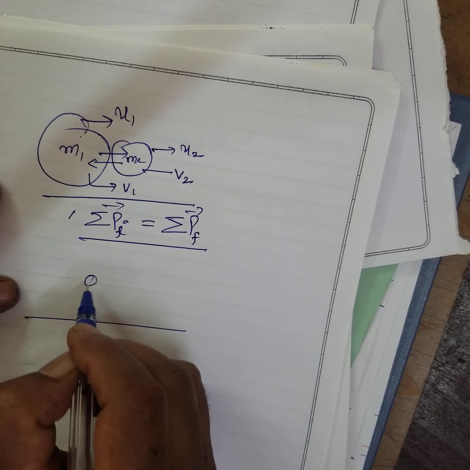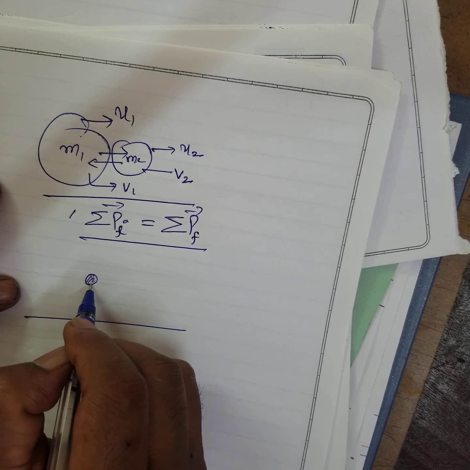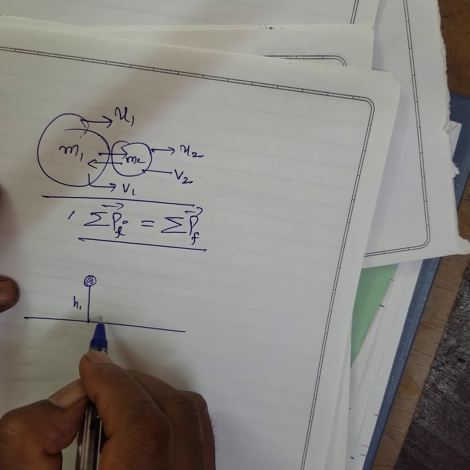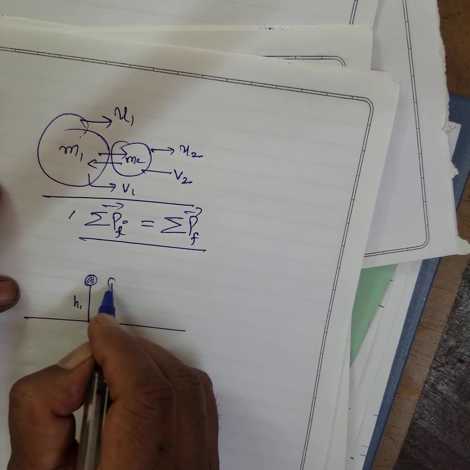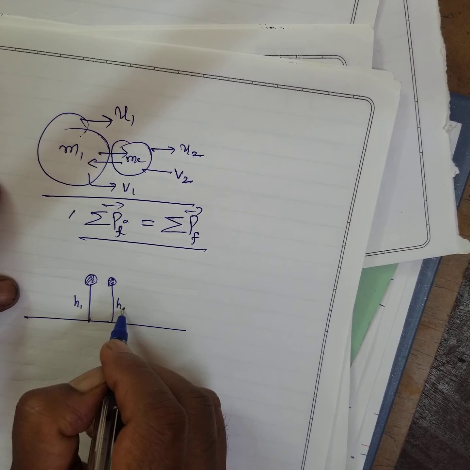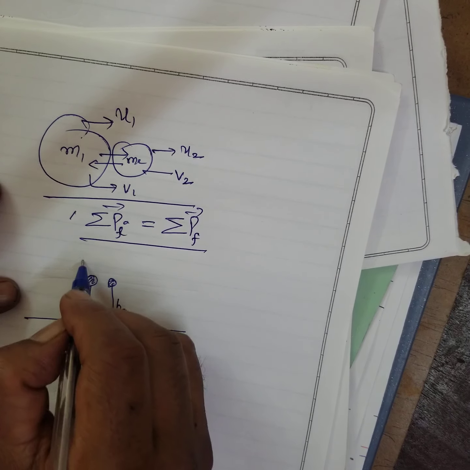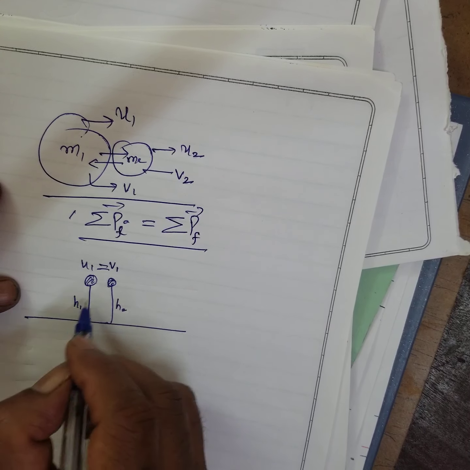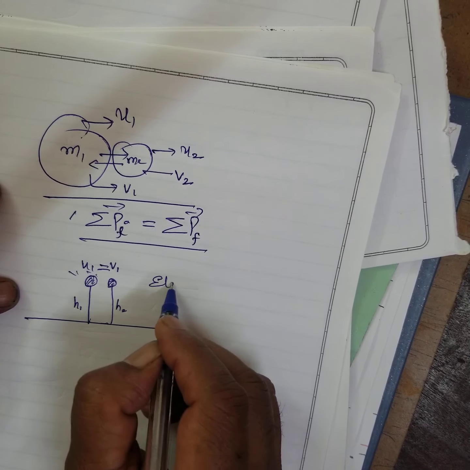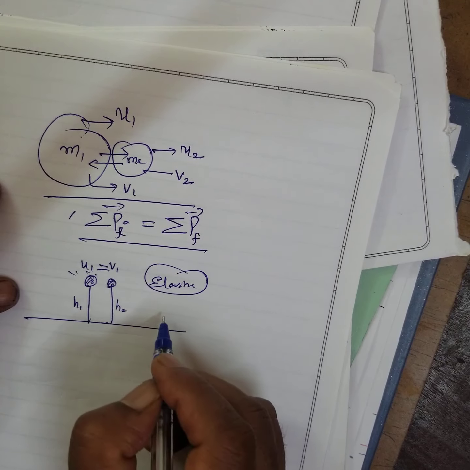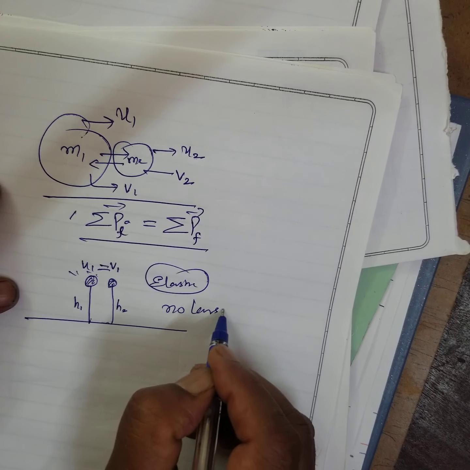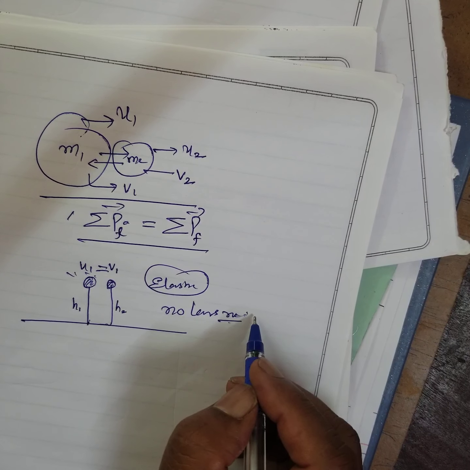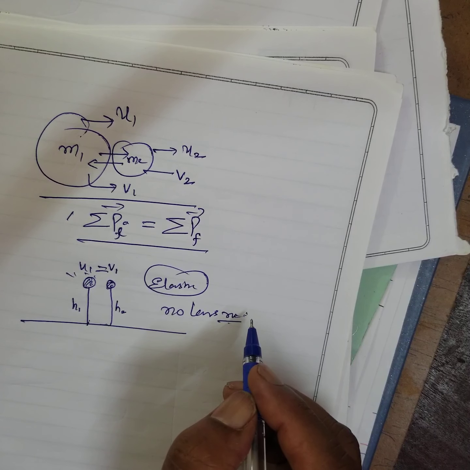Then suppose a body is dropped from a height h1, and if it rebounds and comes back to the same height, right, then u1 equals v1, the velocity is the same, then the body is perfectly elastic. That means no loss of energy, it is a perfectly elastic collision.